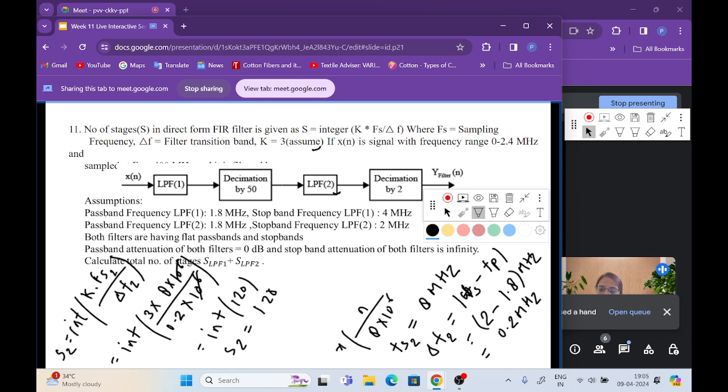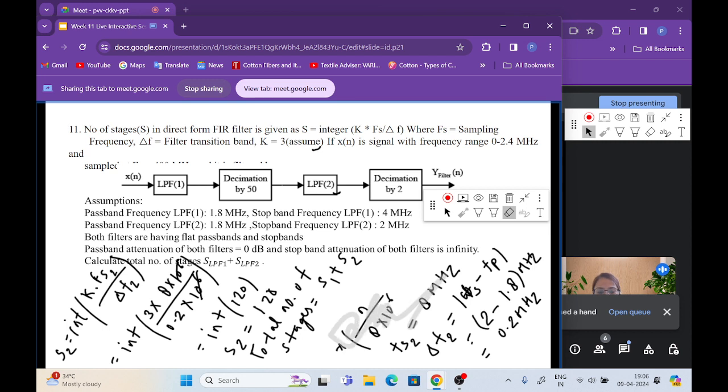Now we have to calculate the total number of stages, that is low pass filter 1 plus low pass filter 2. So total number of stages is equal to S1 plus S2.